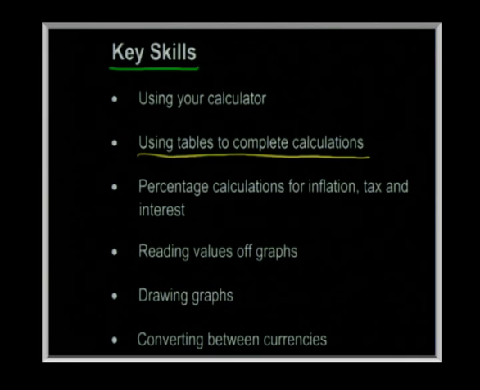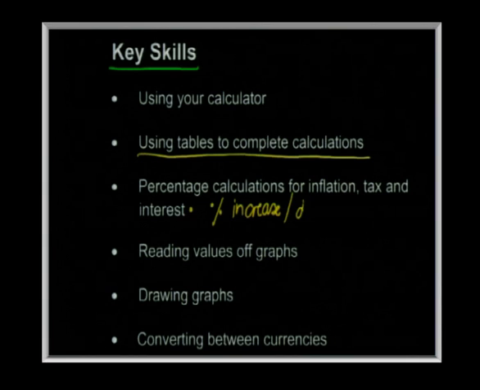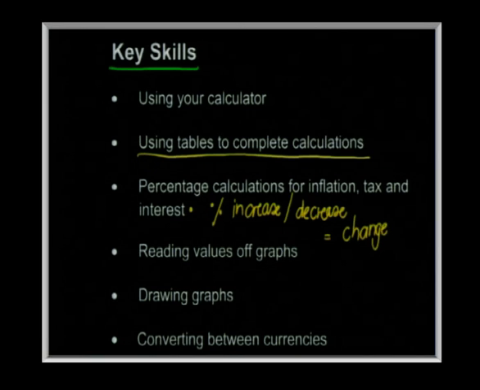Percentage calculations for inflation, tax, and interest. These are your percentage increase or your percentage decrease. So to work out your percentage increase or decrease, you need to have the increase or the decrease, which is usually classified as the change. So if it's increasing, you take away those two numbers.